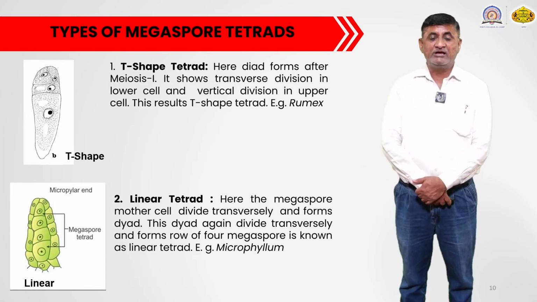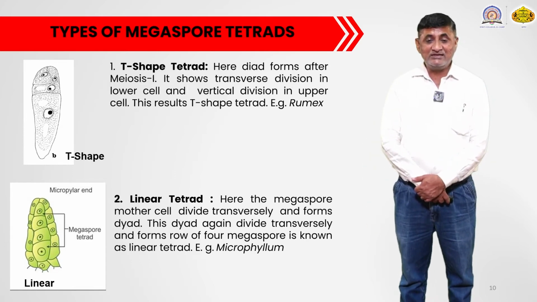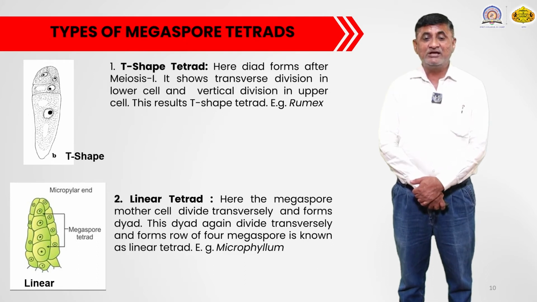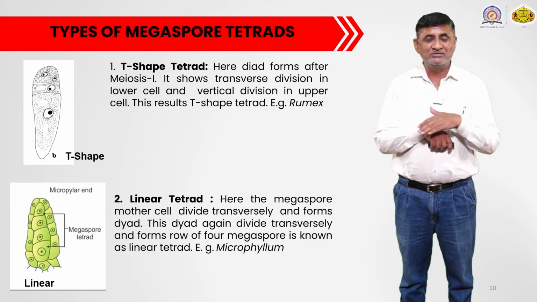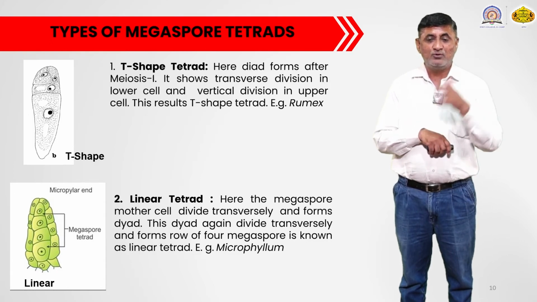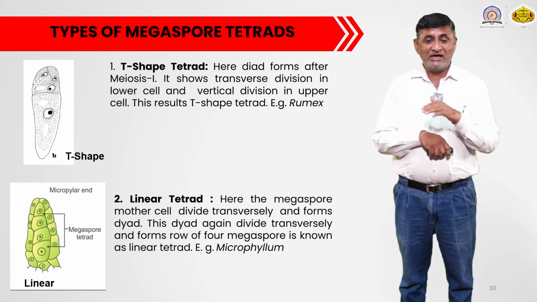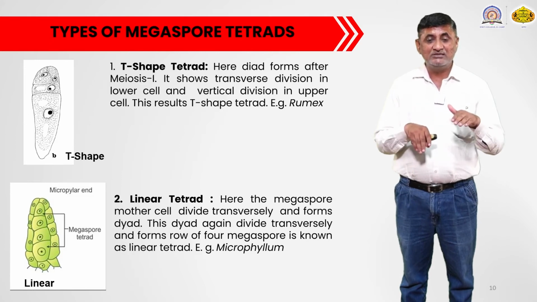The second type of megaspore tetrad is the linear tetrad. Here the megaspore mother cell first divides transversely and forms a dyad, and this dyad again divides transversely.